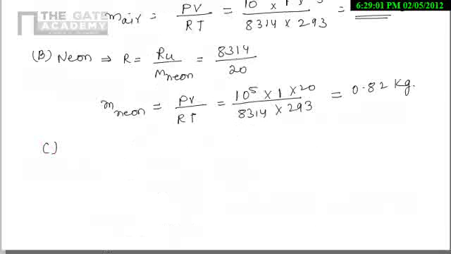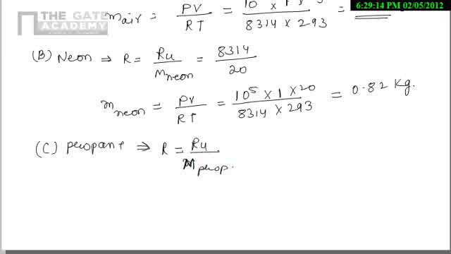Similarly, for part C, that is for propane, we can find out the characteristic gas constant by Ru by M, molecular mass for propane, that is 8314 divided by 44.